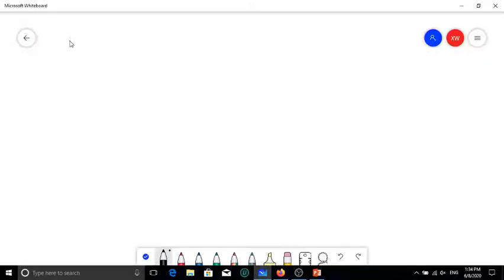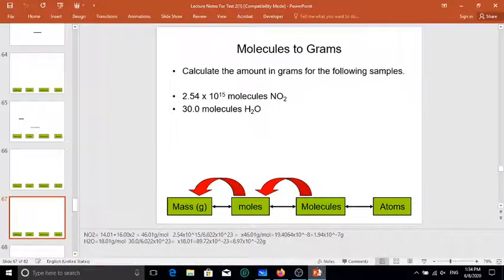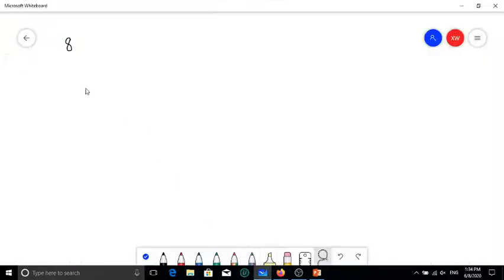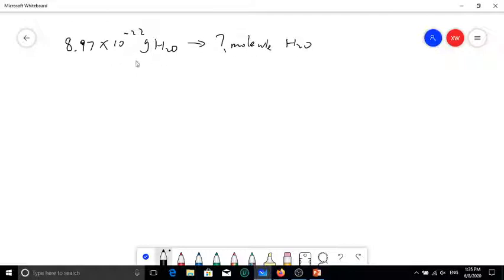If we have 8.97 times 10 to negative 22 grams of water, H2O, it's asking you how many molecules of water are in this sample.